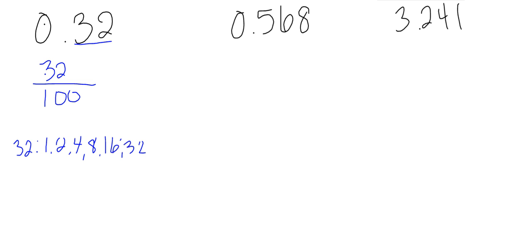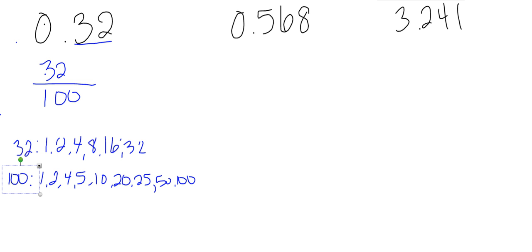Just erase those. Then my factors of 100, 1, 2, 4, 5, 10, because 10 times 10, 5 times 20 is 100, 4 times 25 is 100, 2 times 50, and then 100.